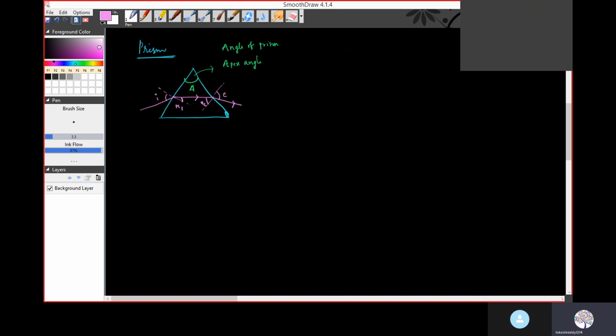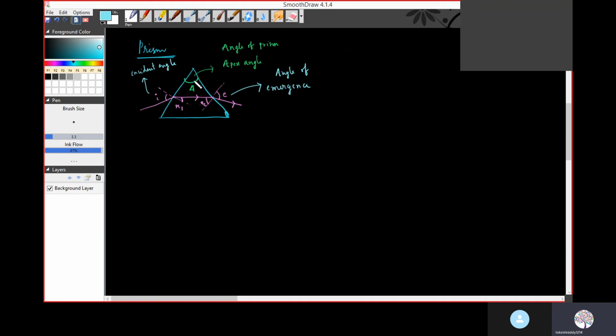This I is called the incident angle, and this angle E is the emergent angle, the angle of emergence.